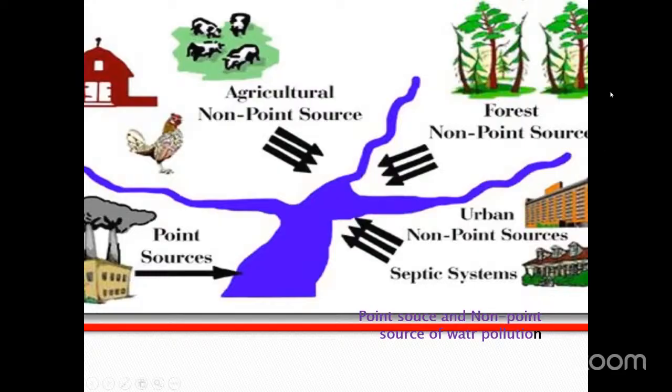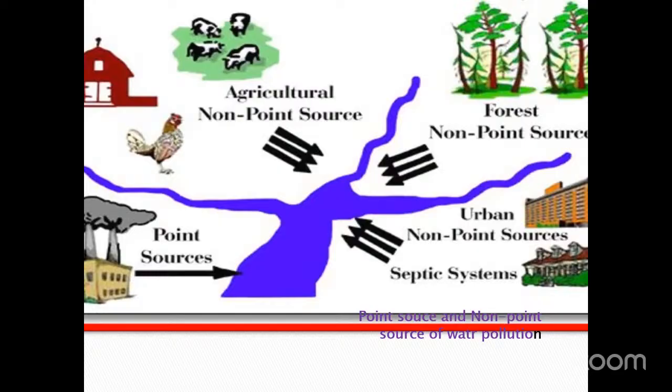Runoff from agriculture, or runoff from farms. In agriculture, we use chemical pesticides and chemical fertilizers. During the rainy season, rainwater flows over the land surface and picks up the pesticides and fertilizers, carries all those chemicals, and discharges them into a nearby water body and causes pollution.